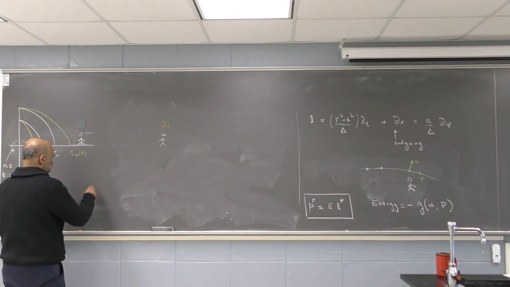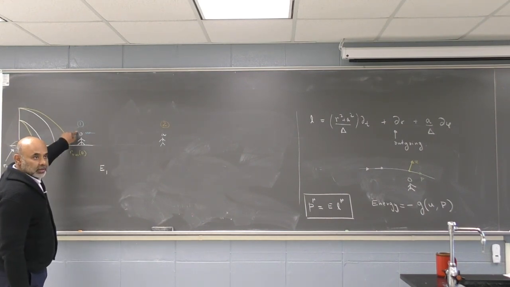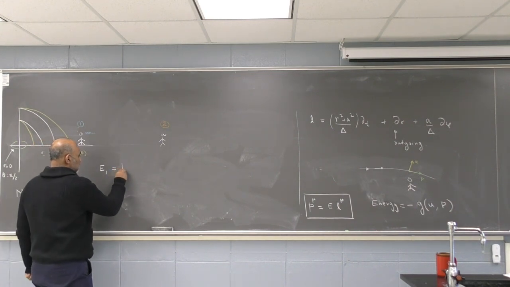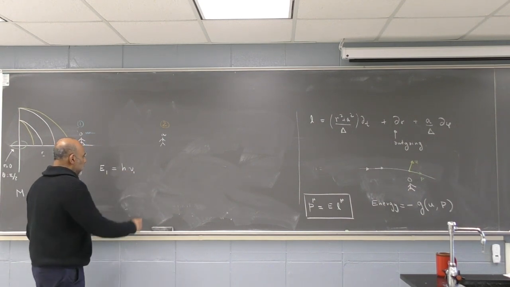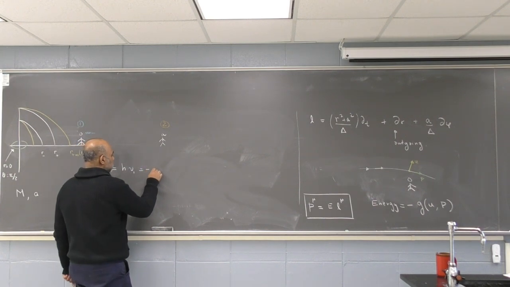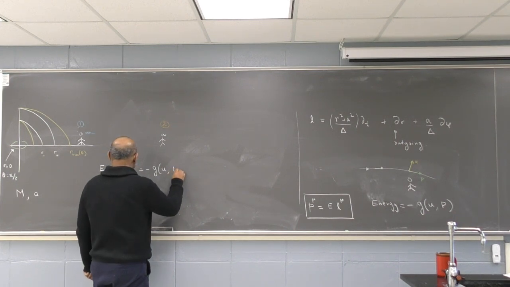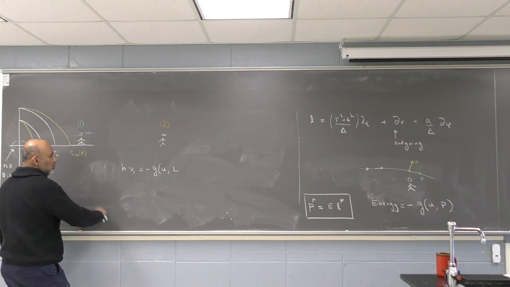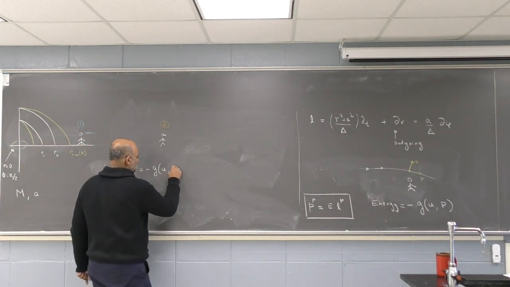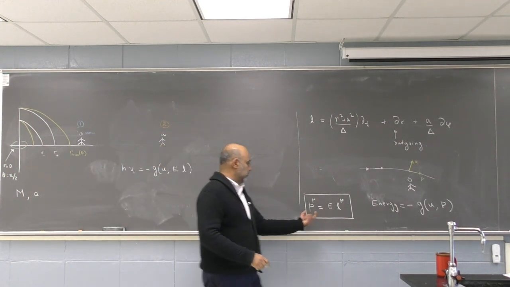So energy, every time I put a subscript 1, it refers to this object. That's equal to, well, energy of a photon, it's h, Planck's constant times frequency 1. And by definition, that is minus g u p. And p is nothing but, oh, let me not worry about this. h nu 1 is E times L from here.